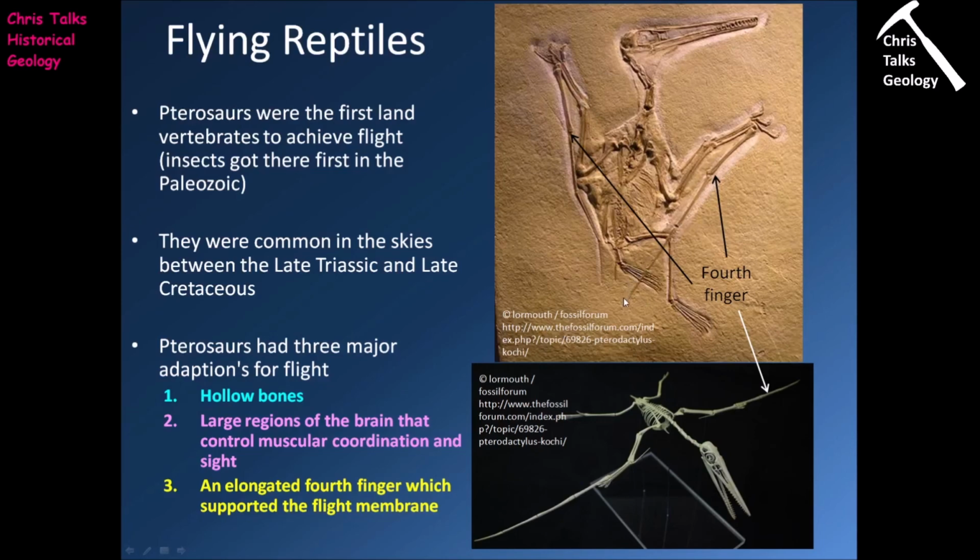And so the elongated forefinger is there to operate essentially as a bone support for the wing membrane. Without that fourth finger, the wing membrane would not be rigid, and obviously that would be a major issue if you were trying to fly. So having that elongated forefinger is essential.